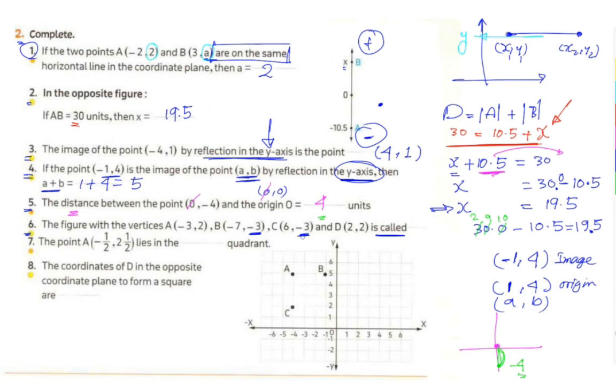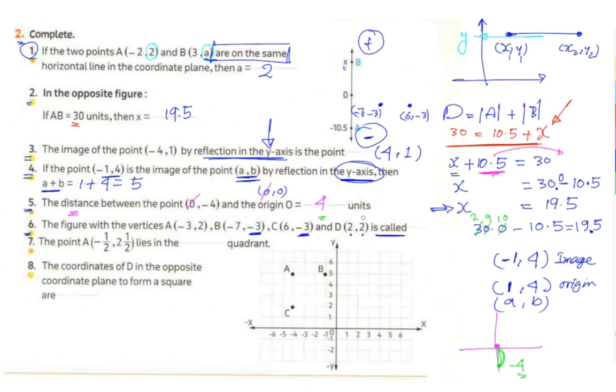These 2 points are on the same horizontal line, like this one, B and C. But the x value, one is 6 and another one is negative 7. So maybe 6 is to the right, 6 and negative 3, and here we have negative 7 and negative 3.